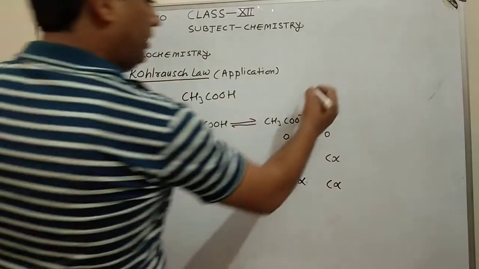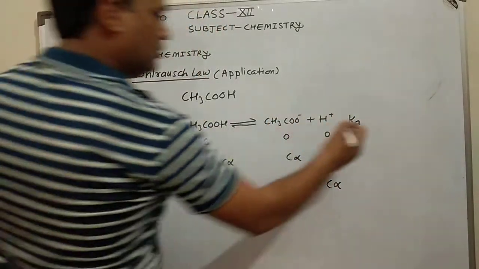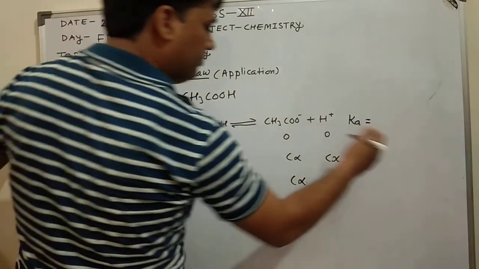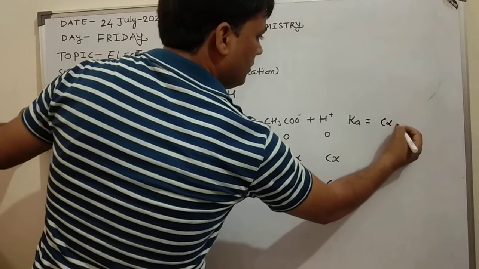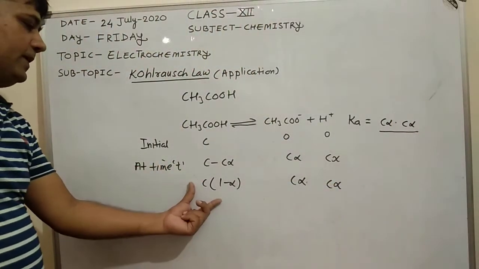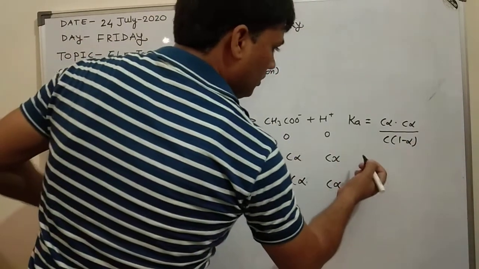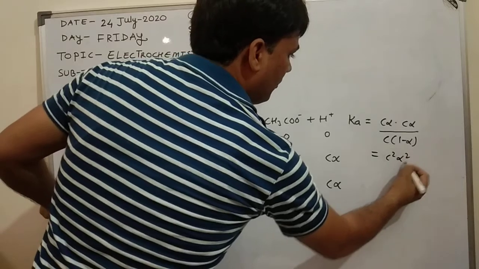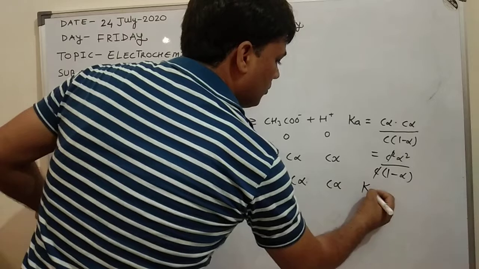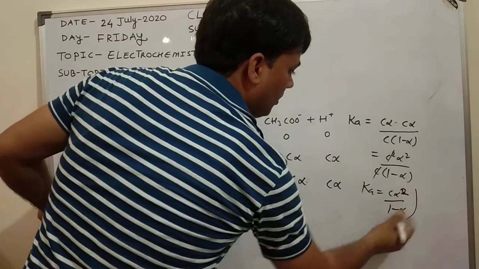So K equilibrium constant, Ka, where a means acid. K is equal to the concentration of this multiplied by the concentration of this. So C alpha into C alpha divided by the concentration of this at equilibrium, C into 1 minus alpha. So it becomes C square alpha square divided by 1 minus alpha times C. So Ka is equal to C alpha square divided by 1 minus alpha.